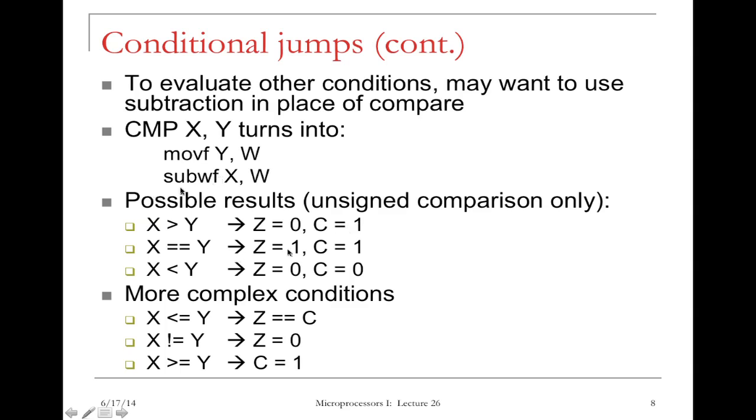If it is equal, zero flag is a 1, carry flag is a 1. And x less than y, zero flag is a 0, carry flag is a 0. For more complex conditions, we have the conditional code here.